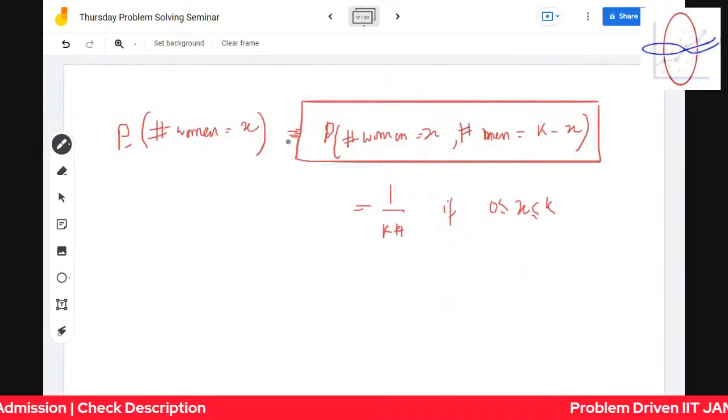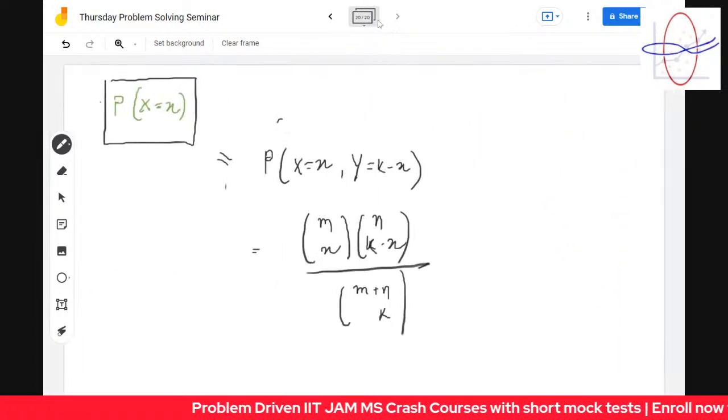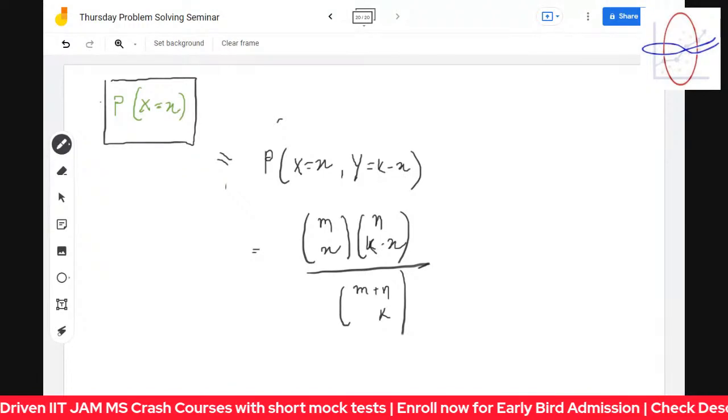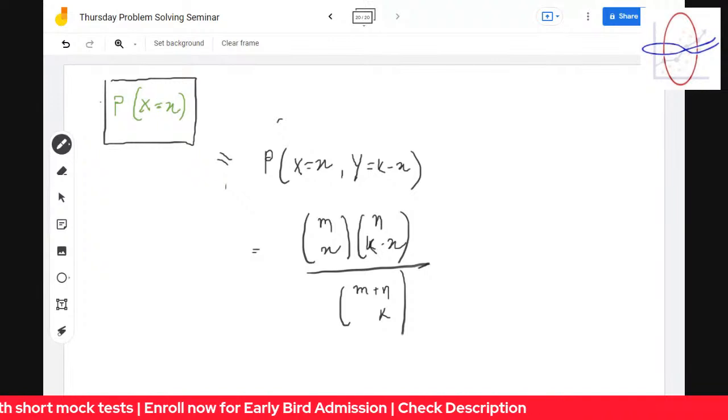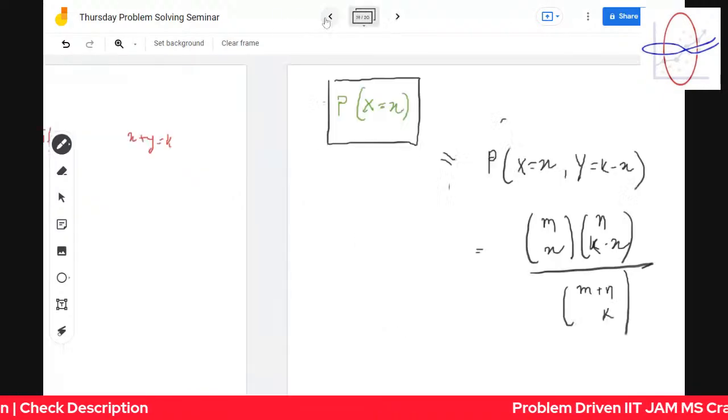The joint and the marginal are the same, with that same value here. That's it. All of you understood it, guys? It was clear already. Yeah, all of you understood it.